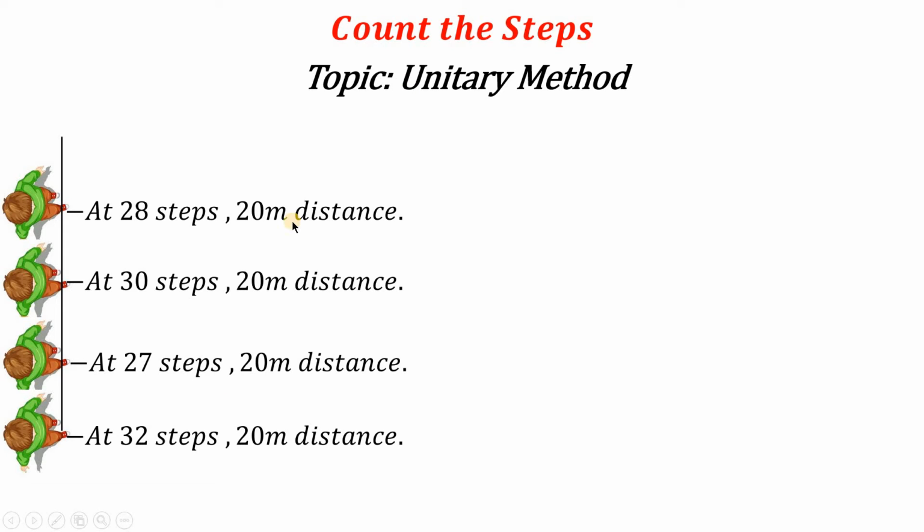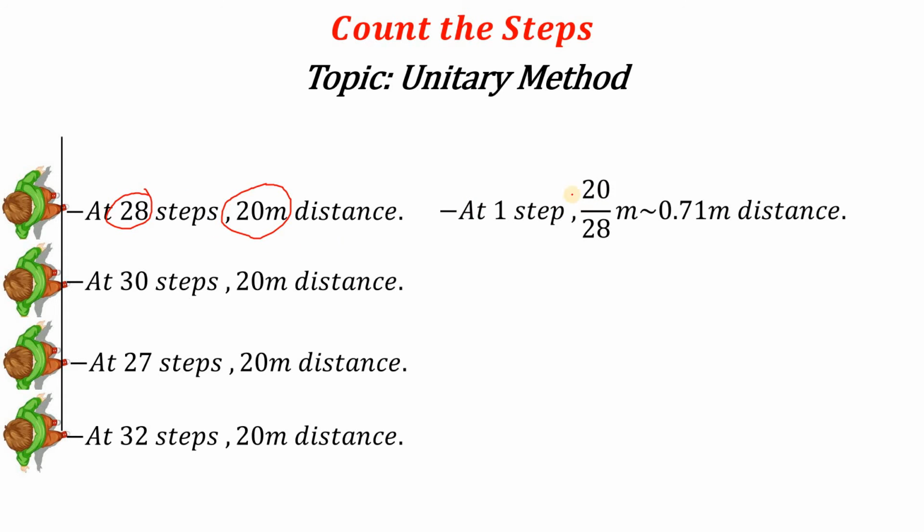Using the simple unitary method, if he covers 28 steps in 20 meters, we can calculate the distance for one step. So in one step he must be covering 20 divided by 28 meters, that is 0.71 meter.